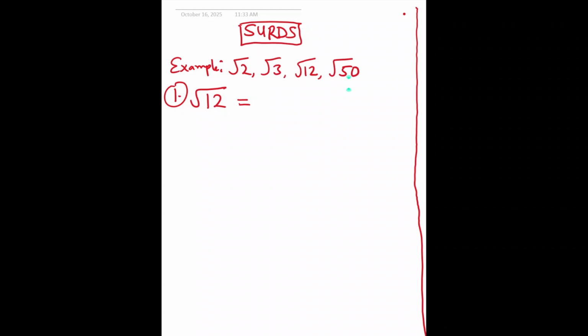So we can go to 3 times 4, the square root of 3 times 4. We cannot find the square root of 3, but we can find the square root of 4, and we know that the square root of 4 is 2. So that will be root 3 times 2, and we can write it as 2 root 3. This is the proper way to write it.